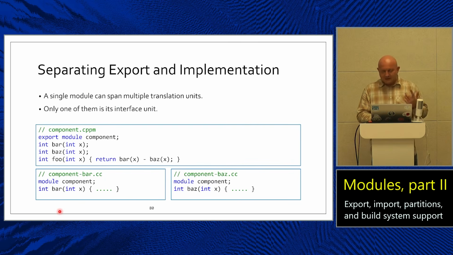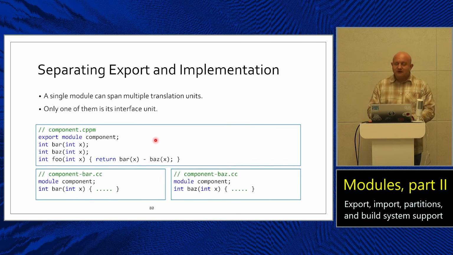Step 1 is splitting the module into multiple translation units. A single module can actually span several files, but only one of them is the interface unit, the one that declares what gets exported. All the others are implementation units providing the actual definitions. This is very convenient.